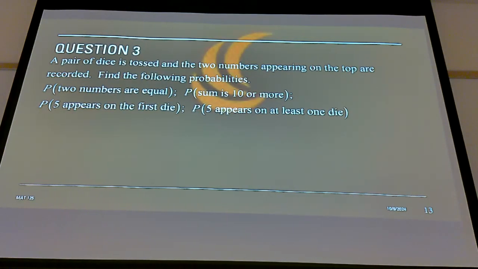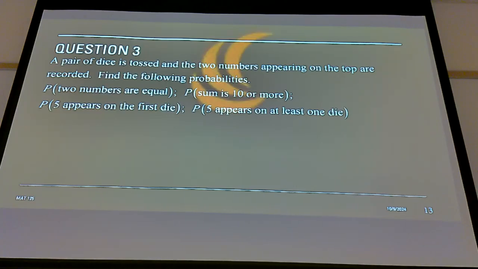So how many total outcomes are in this experiment? How many outcomes are on the first die? 6. How many are on the second die?